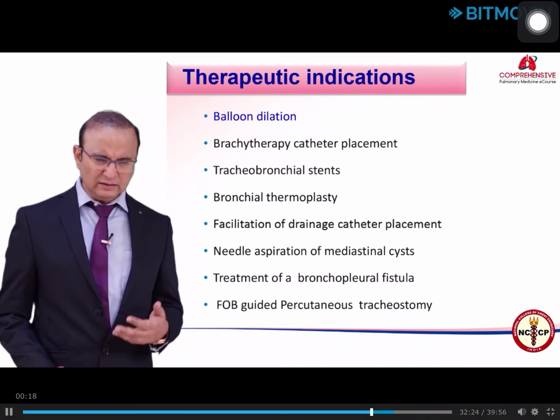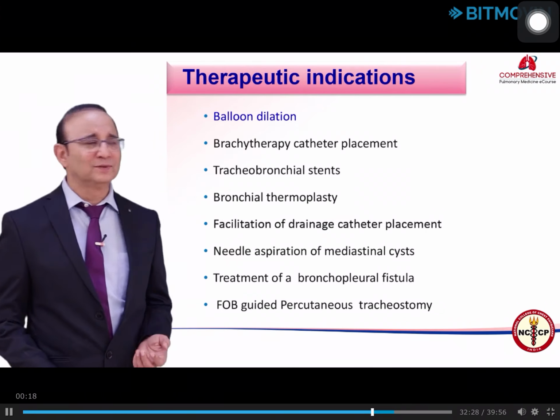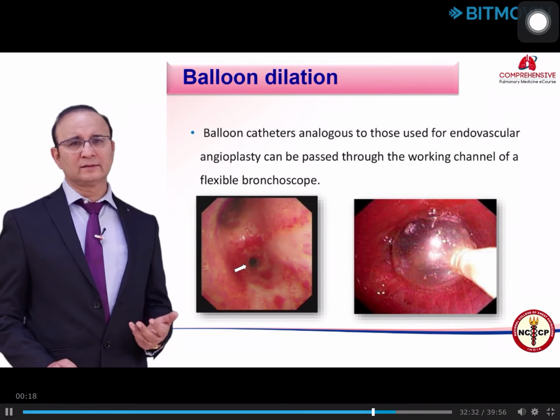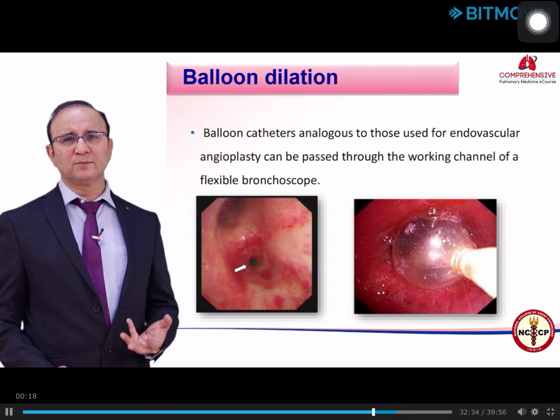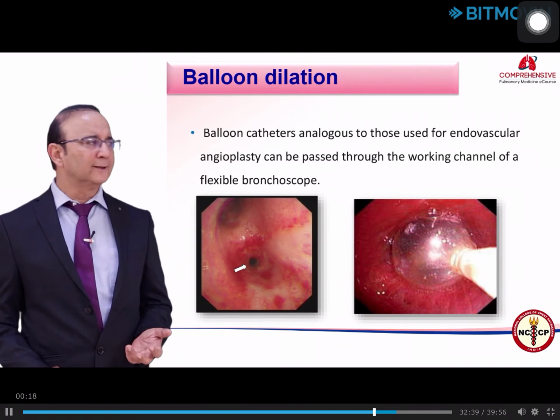Then there are many things which you can do through the flexible bronchoscope, like balloon dilatation. It is like doing an angioplasty. Similarly, there are balloons which can dilate the trachea or the bronchi.